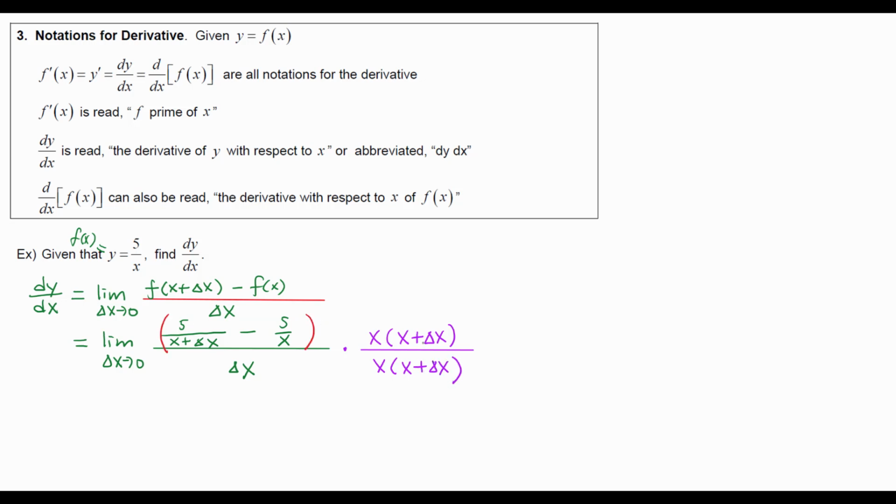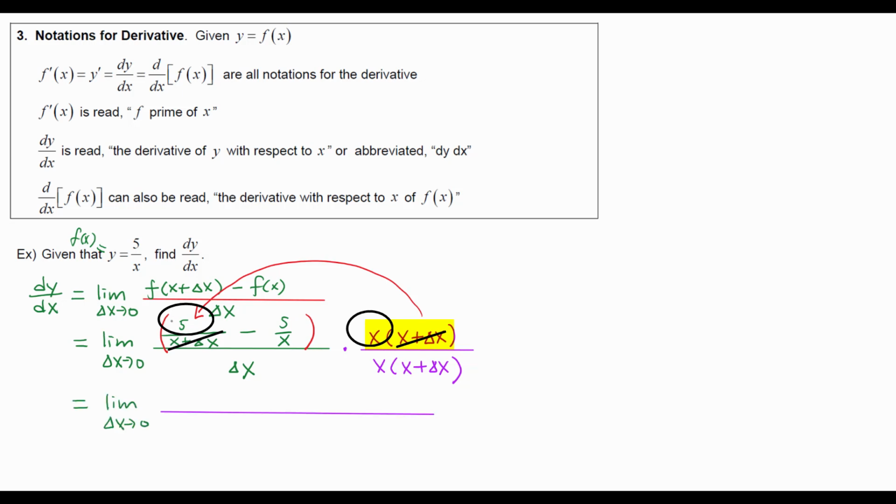When you distribute this quantity to the first fraction, 5 over x plus delta x, the x plus delta x will cancel, and you will have 5 times x only, which is 5x. So we end up getting 5x as the first term.